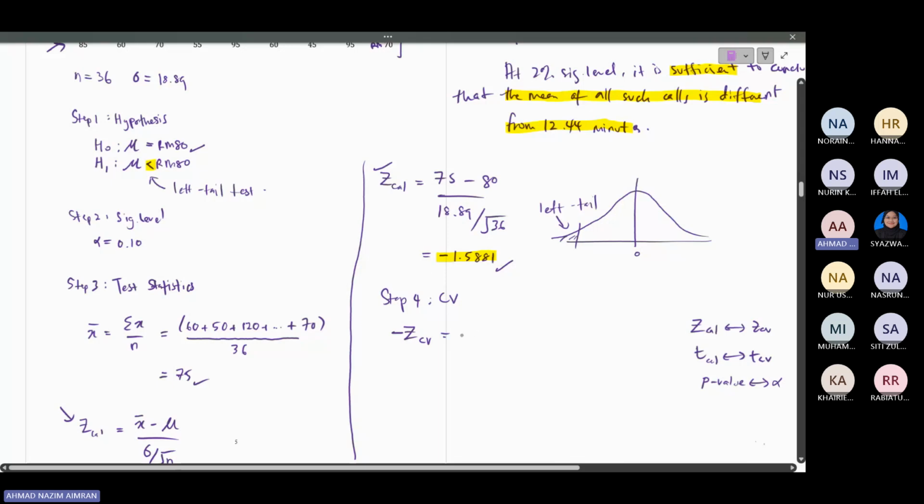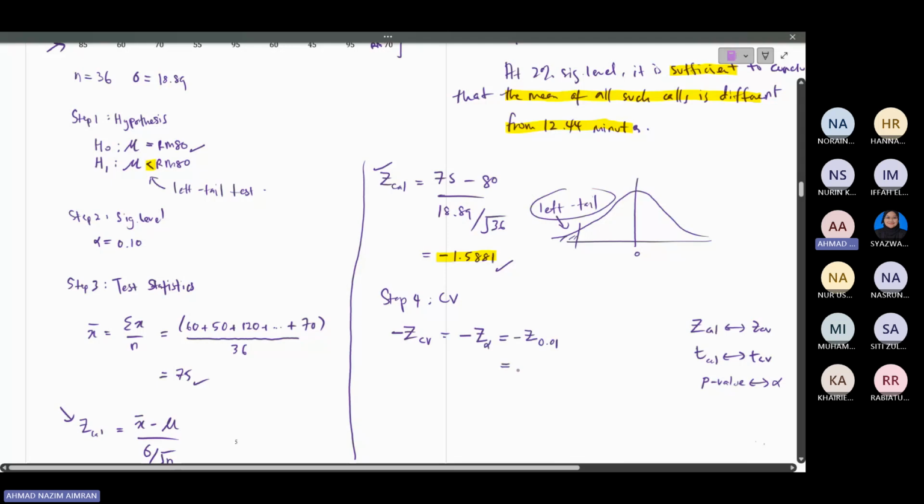So now our Z critical value is Z alpha. Again, you don't have to divide this alpha by 2 because we are now testing at only one side of the distribution, the left tail. This is negative Z 0.01.